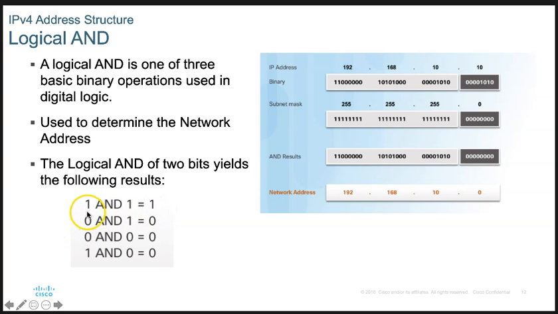Let's pretend this is the positive and this is the negative. The only time the light is on is when you turn both of them on. If one is off and the other is on, the light bulb is off. If both are off, obviously it's off. That's ANDing.